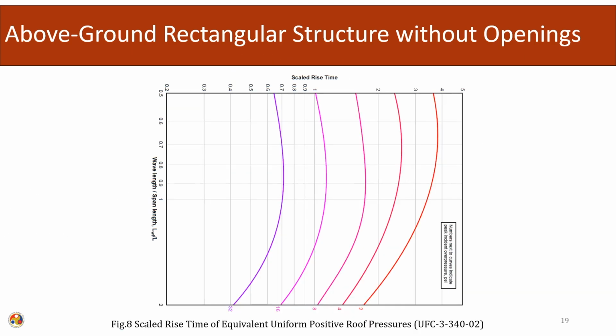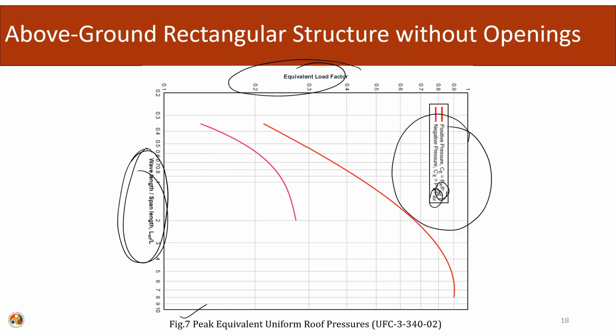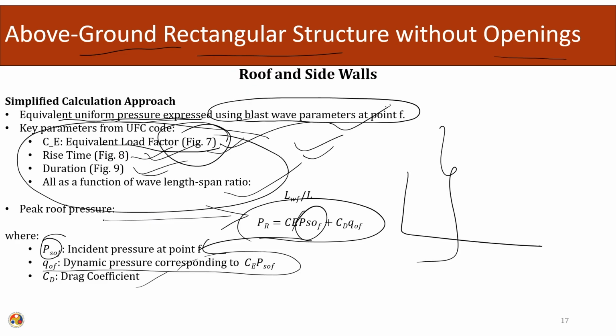Same thing, we can calculate the rise time of the equivalent positive roof pressure. Here the scaled rise time is given as a function of the wavelength. So, blast wave parameter at a point: we can calculate the rise time using figure 8, and after doing all those things we can calculate the reflected pressure.